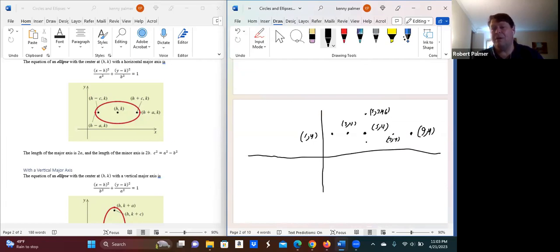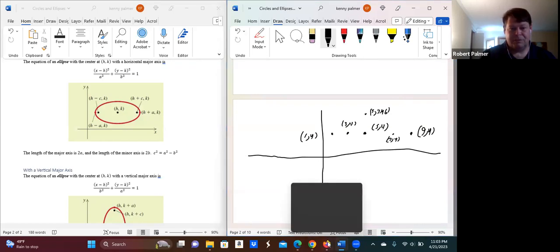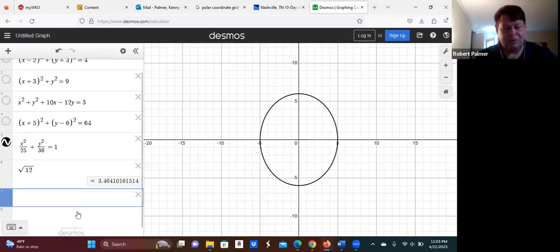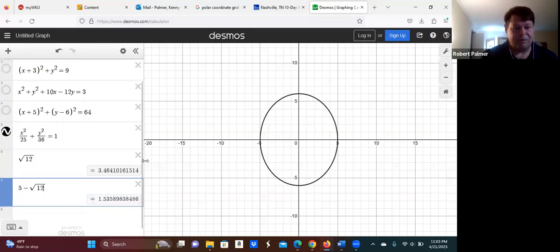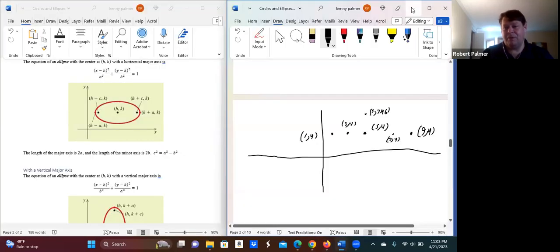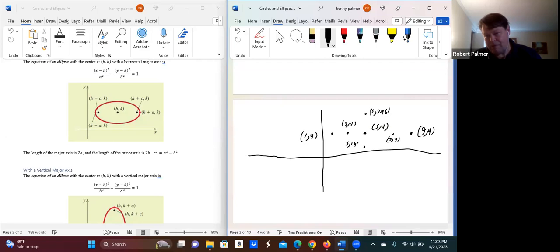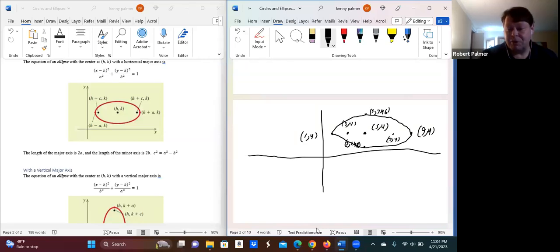And down here, that's going to be 5 and 5 minus 3.46, so about 1.54. Okay, so now this is going to look like this. It's a fair amount of information, but we can find all of that. And now let's graph it and make sure that's correct.